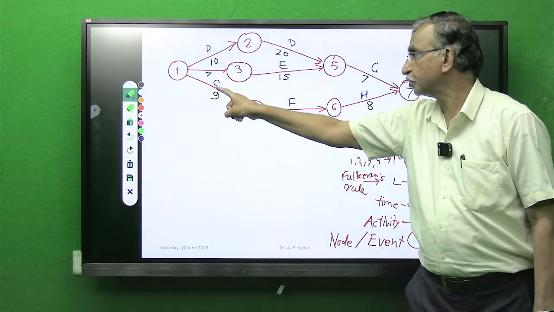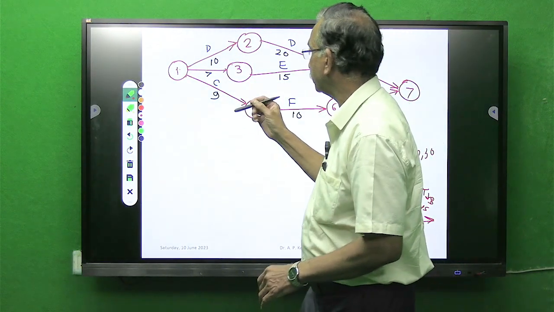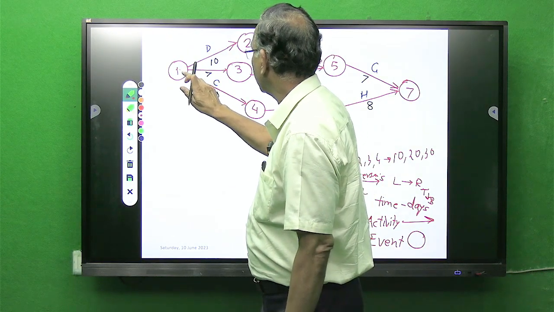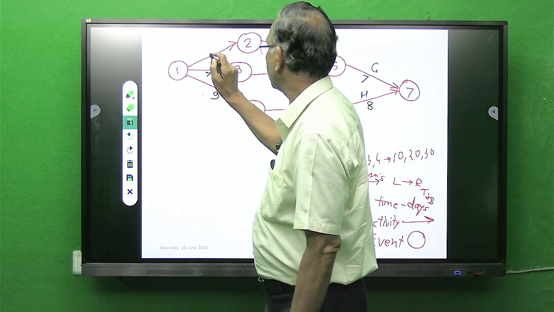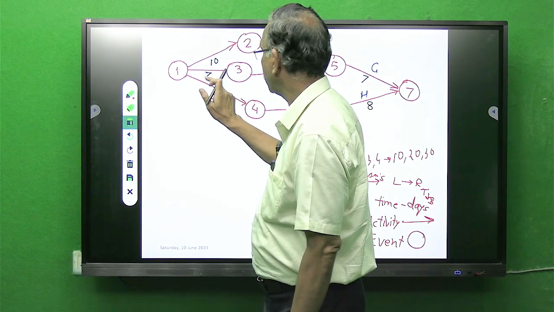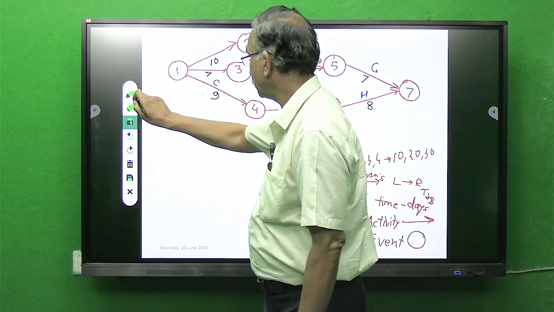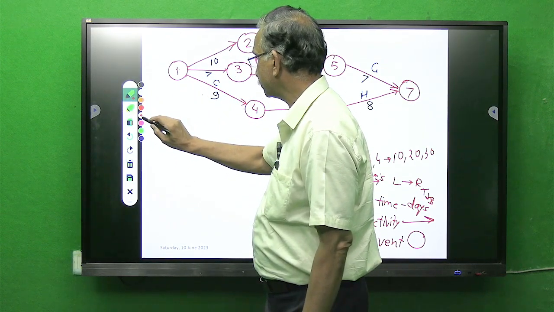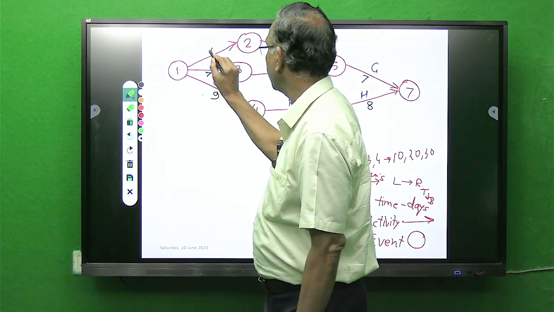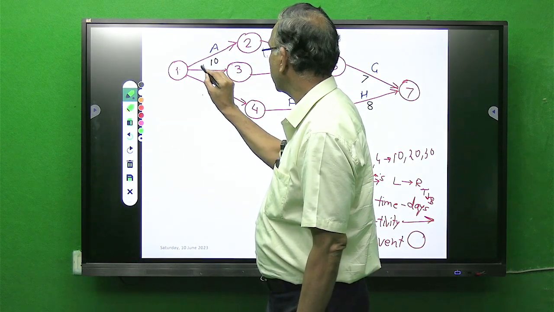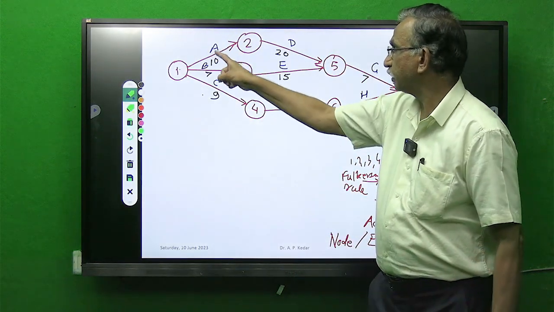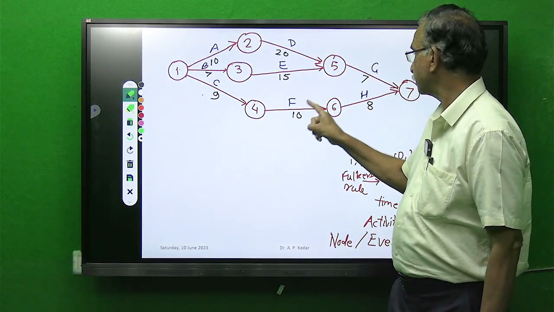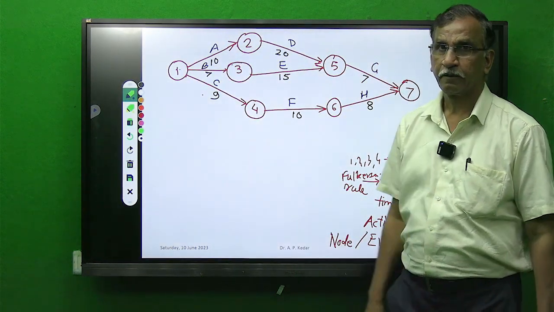Again 1, 2, 3. This is not an activity. This is wrong. This activity earlier we have written as A. This I have written as B. So 1, 2, 3, 4, 5, 6, 7, 8.